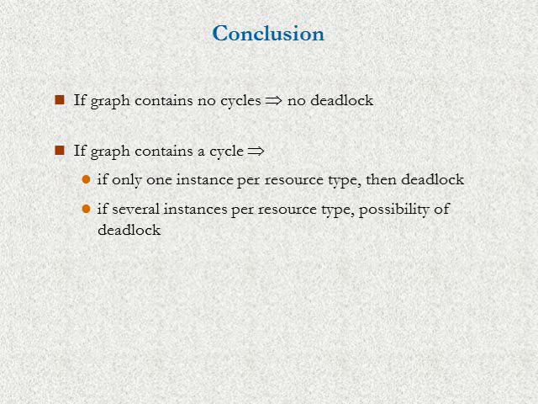However, if the resource allocation graph has a cycle, then we have two possibilities. If we have single instances of resources, then we have a deadlock in the system. However, if we have multiple instances of resources, then there is still a possibility of deadlock, but we cannot say with certainty that there is a deadlock in the system.